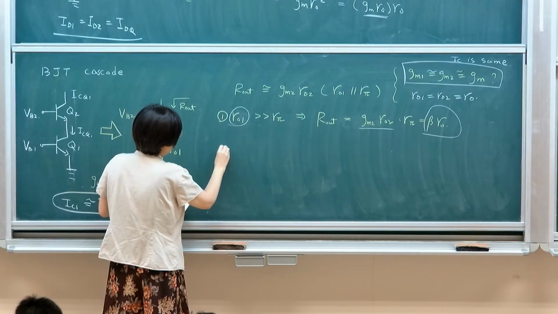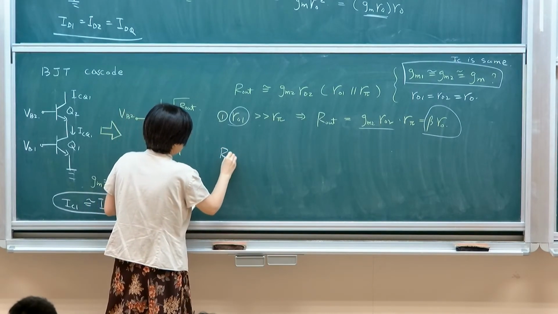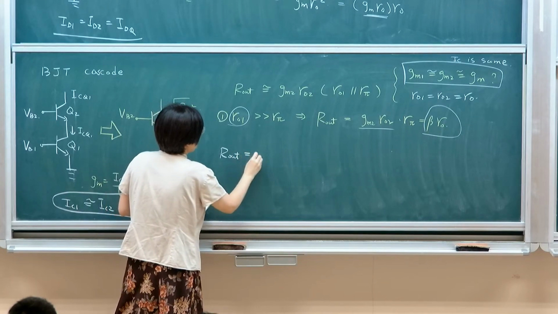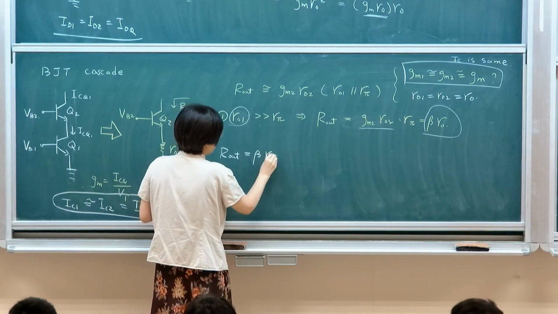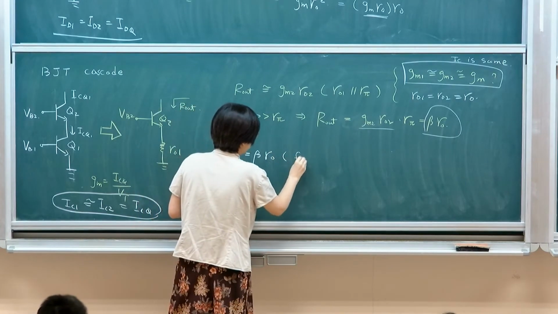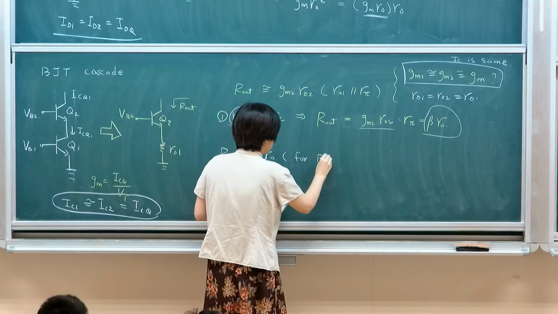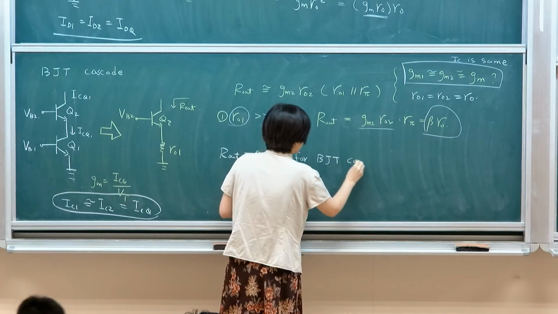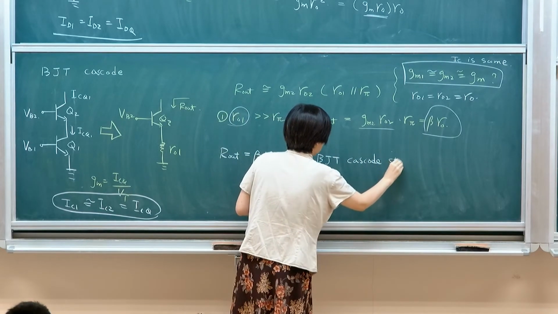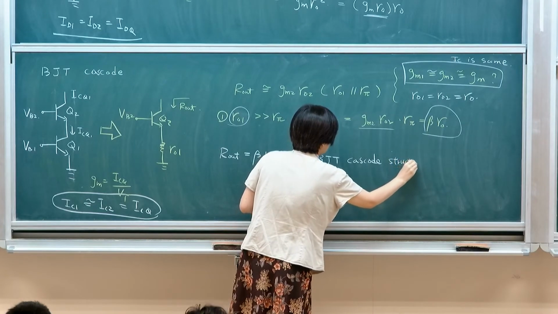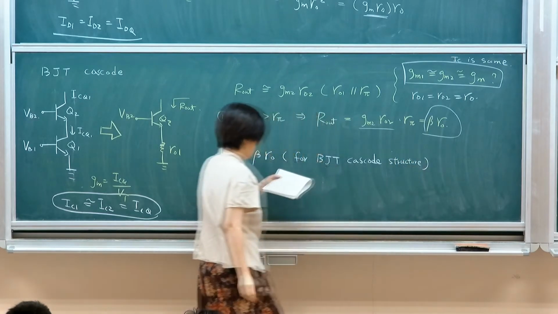As I said, your output resistance would then be beta RO for BJT cascode. OK?